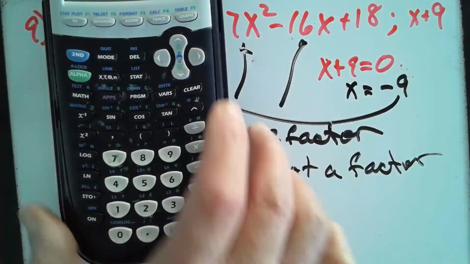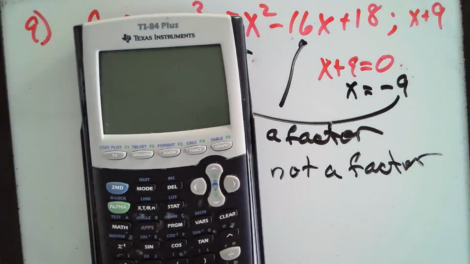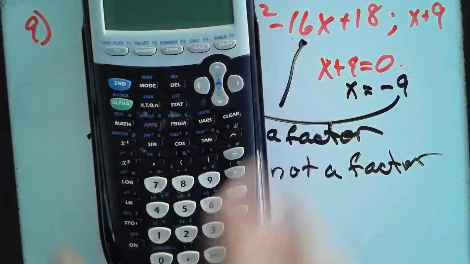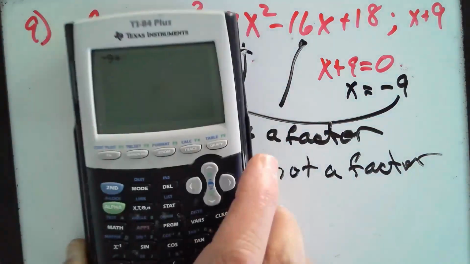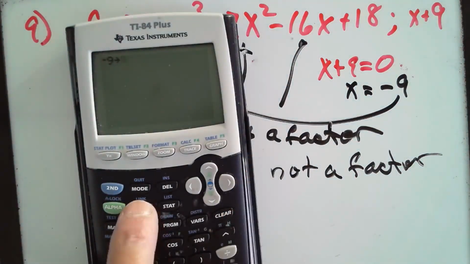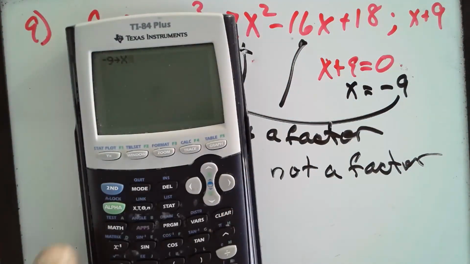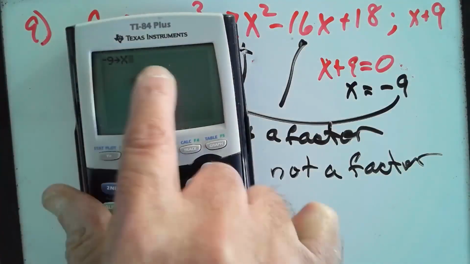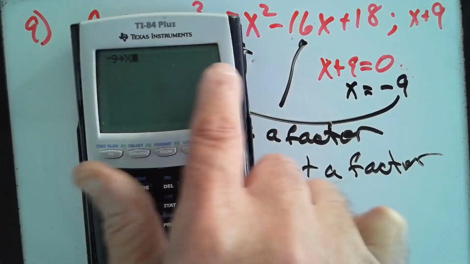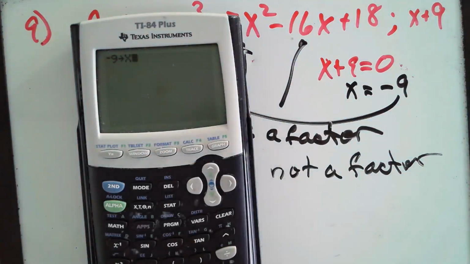I've got to turn it on first. Okay, negative 9. And then you're going to use this STO arrow. You're going to store that into X. So wherever X is, negative 9 is going to be substituted into that.